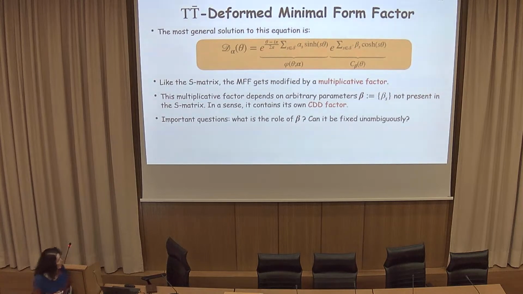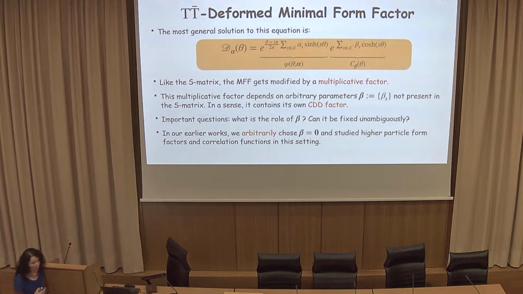We didn't know the answer to that, and so we did the lazy thing in a way, which is we said, okay, let's take them all to zero, which is the simplest solution, and see if we can actually find some correlation functions, some solutions by taking this minimal form factor deformed by this function phi, and just by that function there. Okay?